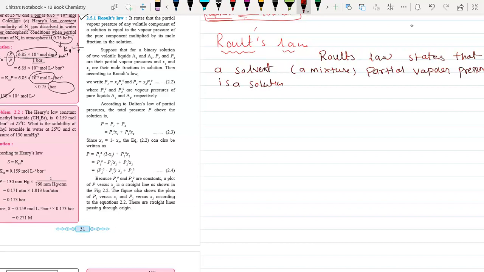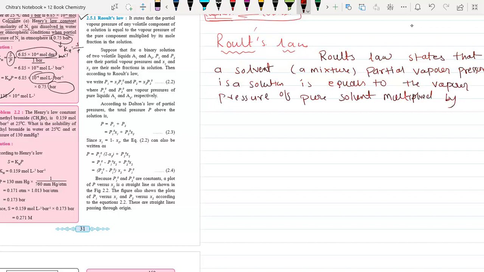The partial vapor pressure in a solution is equal to the vapor pressure of pure solvent multiplied by mole fraction of the solution. Okay, it is the statement of Raoult's law.